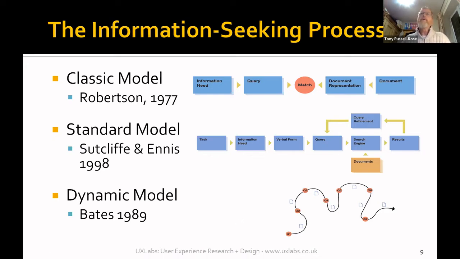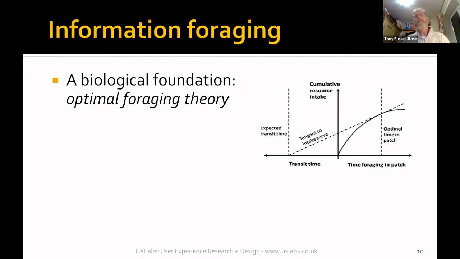So those are three models that I think are very valuable in understanding the findability problem of how to get users from a standing start to an information resource. And then there's another model which I find very useful in terms of trying to understand what people do when they've found that resource.